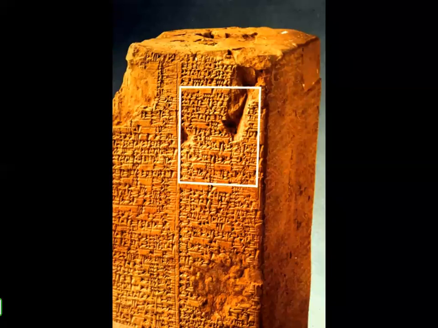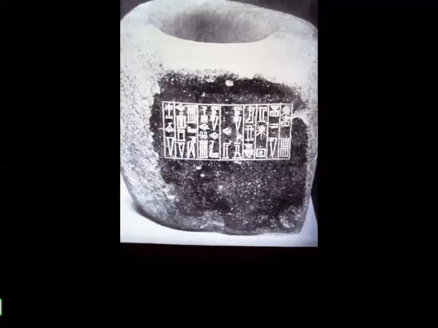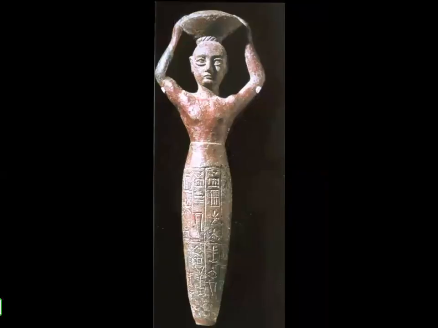On this ancient four-sided block in the old cuneiform script is a list of kings who all reigned in Ur. The inscription on this stone, it's a door socket, has been dated back to around 2300 BC, and it also refers to Ur. And this copper figurine dates back to the same period, and the inscription on it refers to Ur.